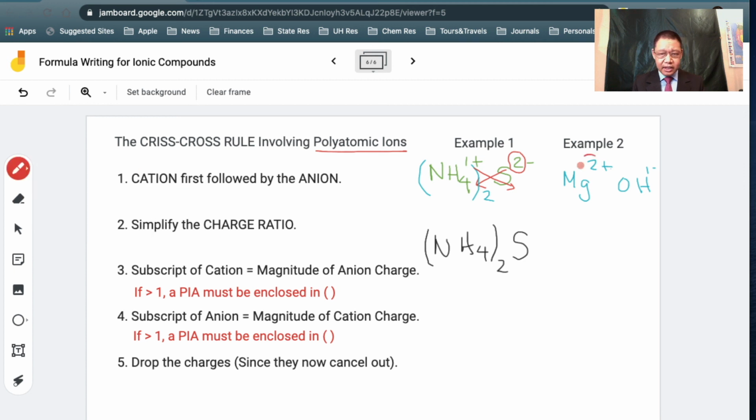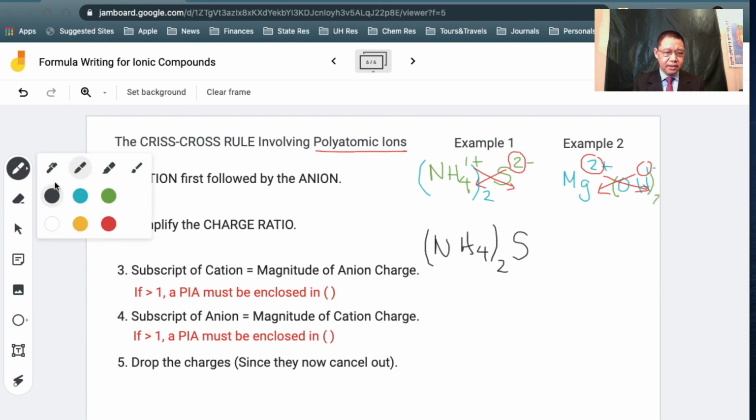That would end up having the 2 here become the subscript of OH, and the 1 will become the subscript of magnesium. And because OH will have to have a subscript of 2, that means you have to enclose it first in parentheses before you place the 2 outside. And so at the end of the day, you will have a formula that is Mg(OH)2.